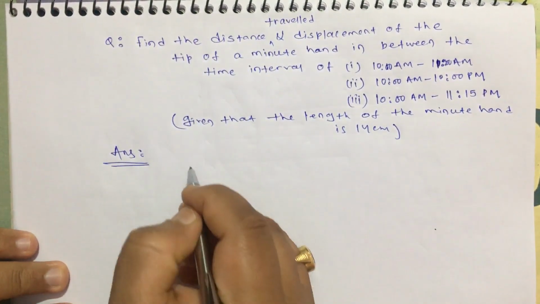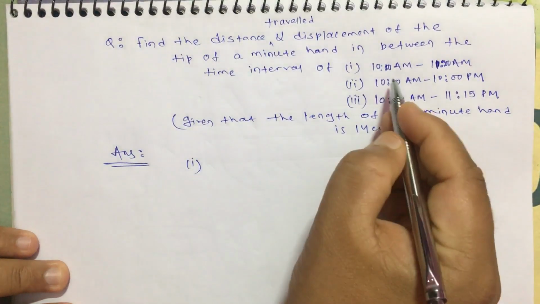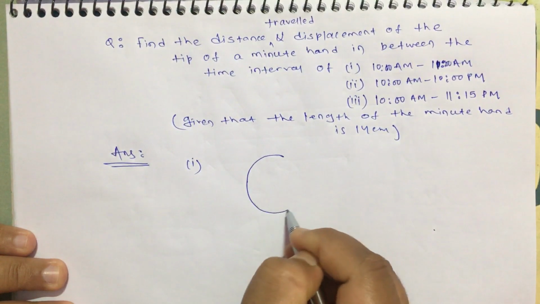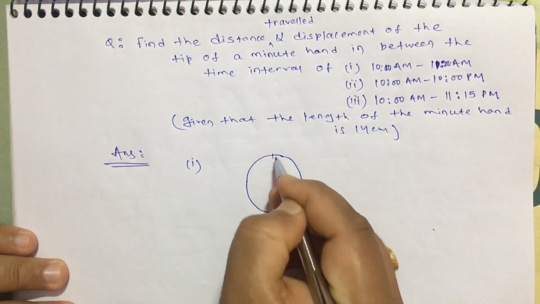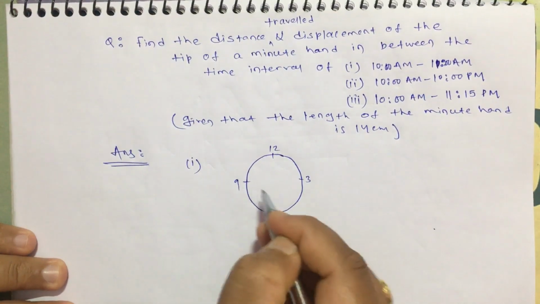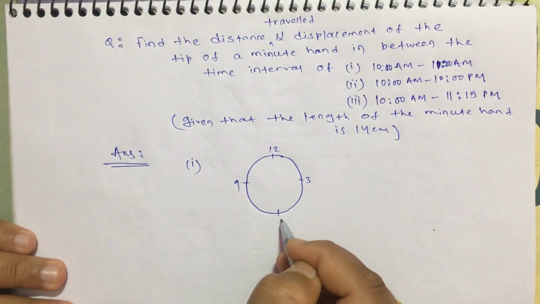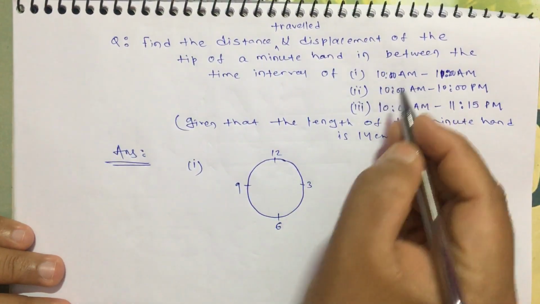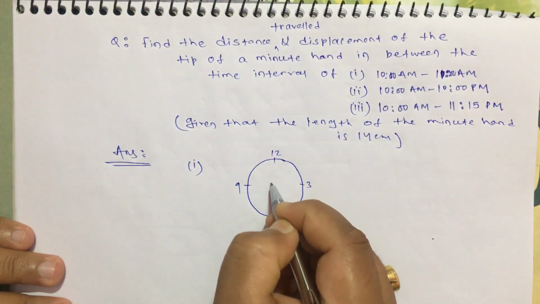Now let us solve the first bit: 10 am to 11 am. I think you all have seen a wall clock. We don't have to do anything with all the other hands, we just have to consider the minute hand. As we all know, at 10 am, where will be the minute hand? Let it be a minute hand.